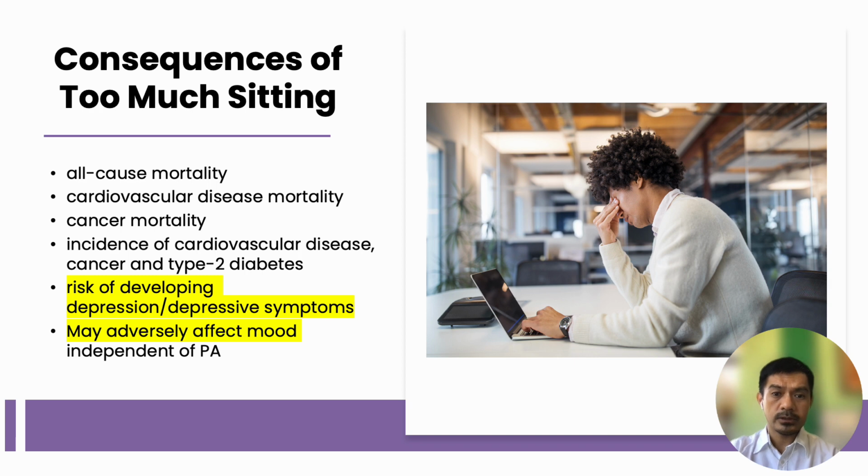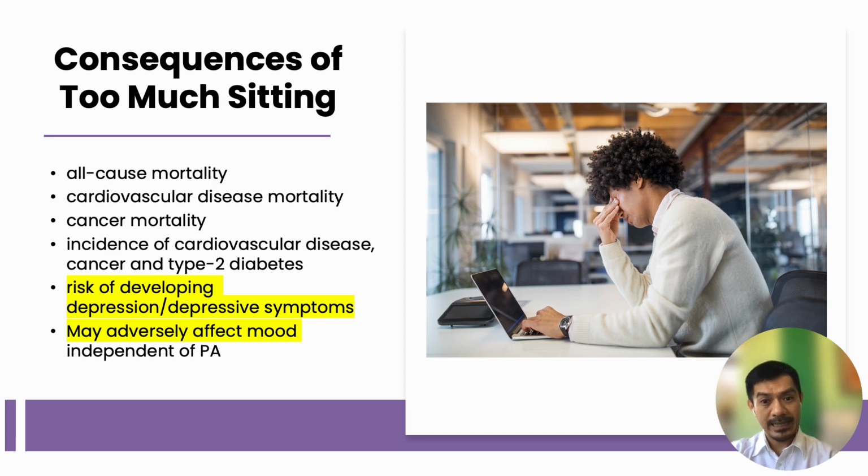In adults, prolonged bouts of sedentary behaviors are associated with poor health outcomes, including all-cause mortality, cardiovascular mortality, cancer mortality, and incidence of cardiovascular disease, cancer, and type 2 diabetes.